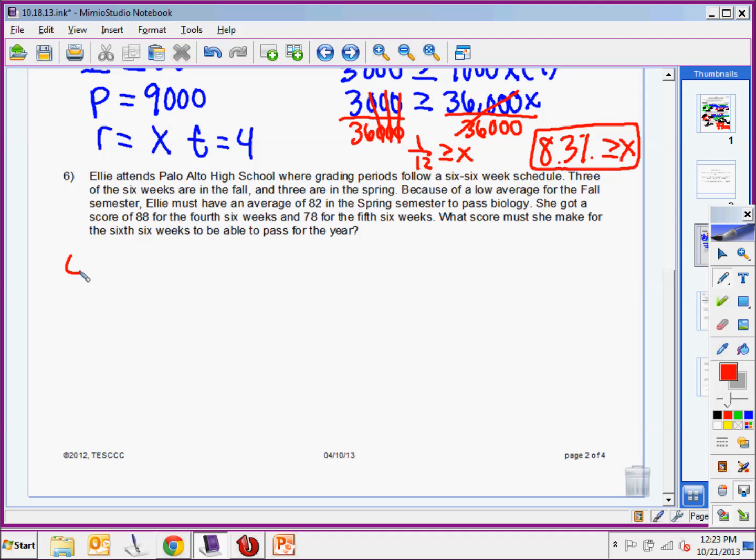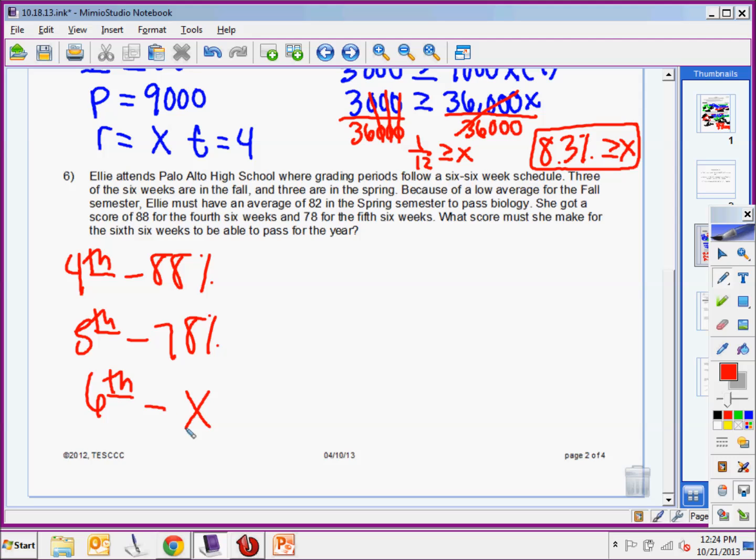And for the 5th 6 weeks, she has a 78%. So the question is, what does she need to make for the 6th 6 weeks in order for her average to be at least an 82? Because she can make higher than 82, but she cannot go below an 82.